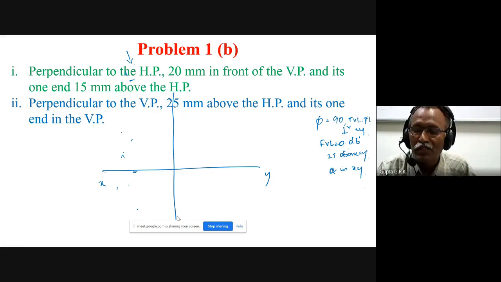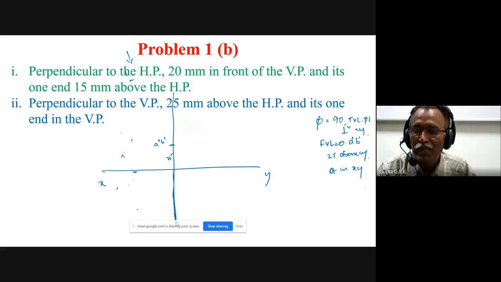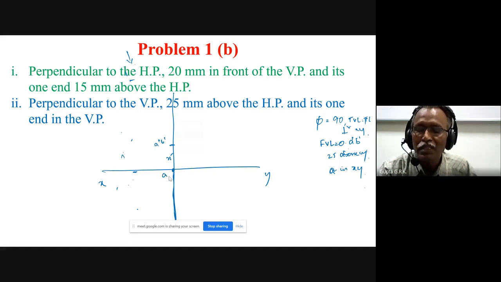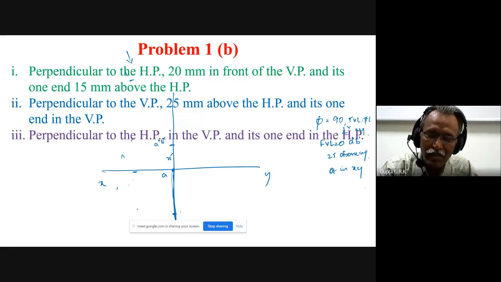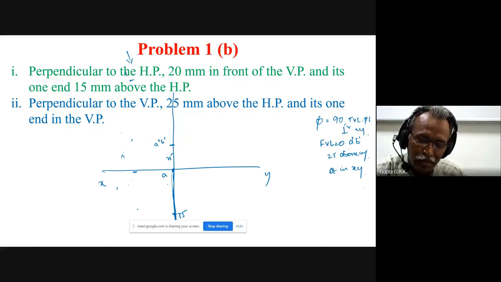I know that the front view is a single point, and that is 25 above XY. So this is A dash B dash, this is 25. And I will get AB on this line. One other point I can fix is that A is on XY. And AB is 75, so I draw 75 here. So this is B, and this is 75.